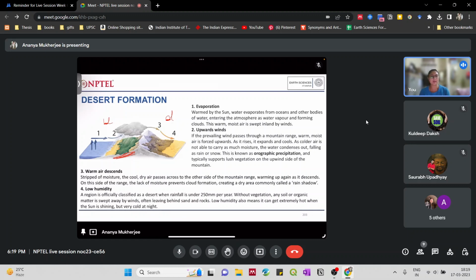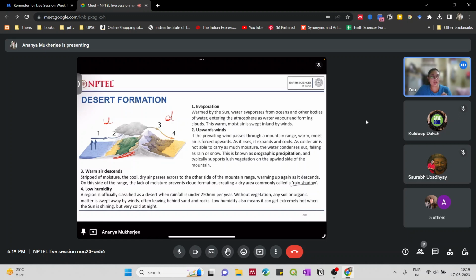As it descends from the elevation, it gets warmer. Because there is no moisture in the air, there is no cloud formation and no condensation, so this area will no more receive any precipitation per se. This area is called a rain shadow.